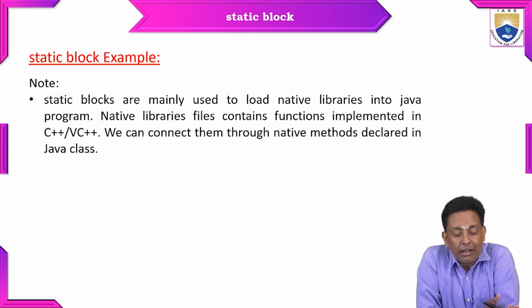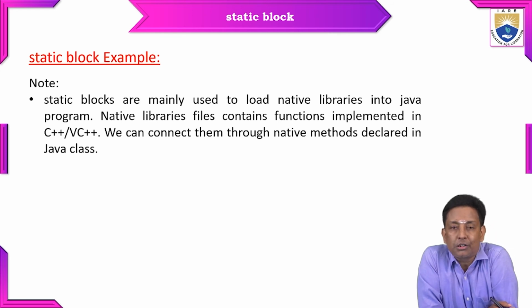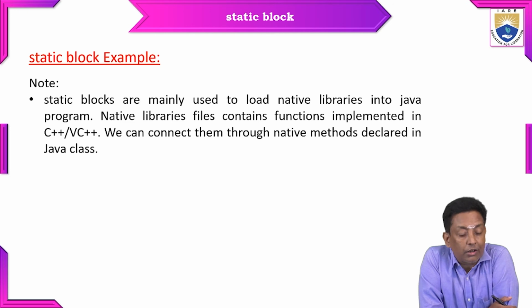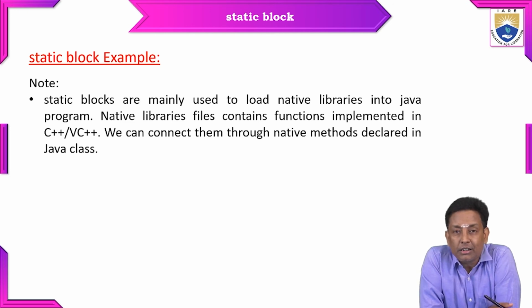See, this is the real purpose of the static block. One purpose of the static block is to initialize static variables of the class. And the second is, from the static block, we can load native libraries written in C++ or VC++.